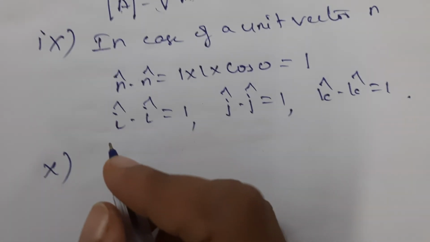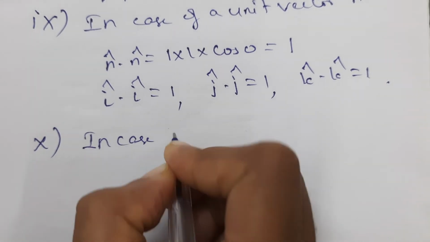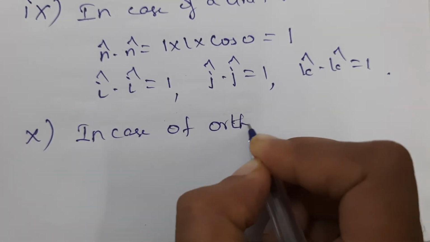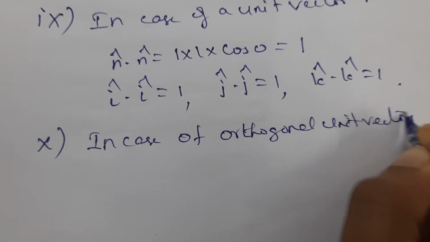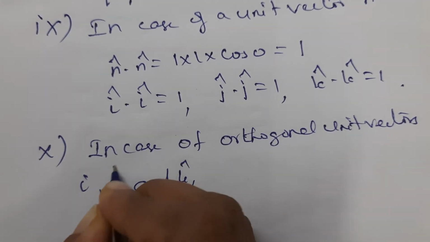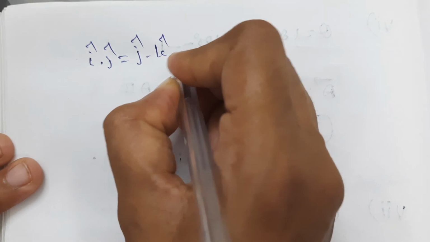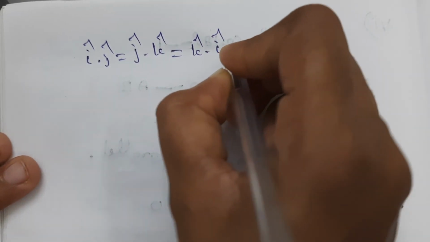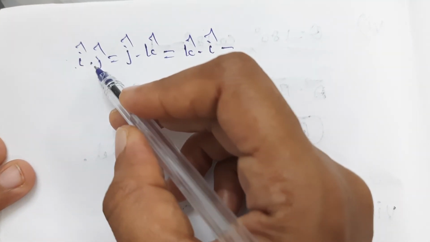Next point. In case of orthogonal unit vectors, that is I, j and k, I dot j equal to j dot k equal to k dot I. The angle between I and j is 90 degree.